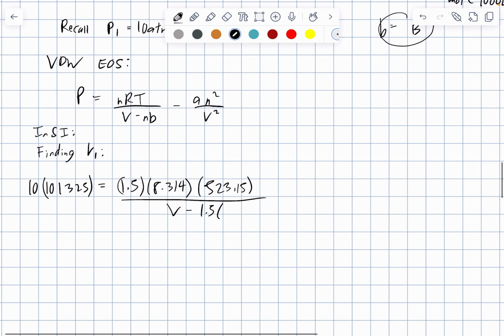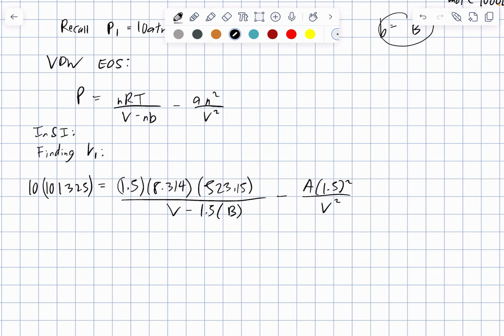So now the b is here, minus a and then 1.5 raised to 2 over V squared. We're going to shift solve, no? 10 times 101,325 equal to 1.5 times 8.314 times 523.15 over x minus 1.5 times the stored value b, minus stored value a times 1.5 squared over x squared.